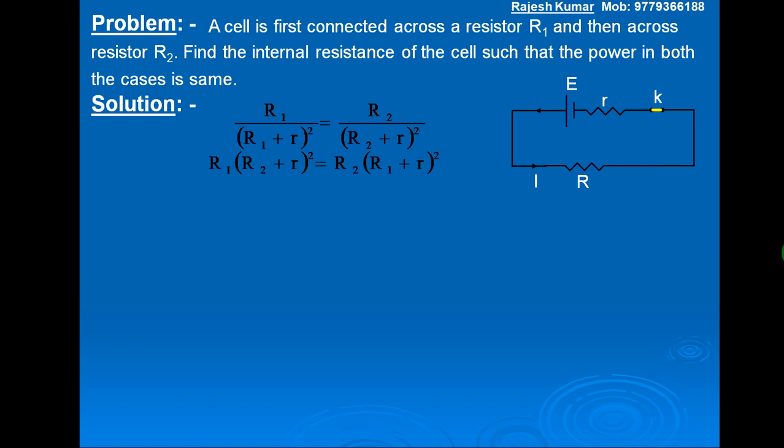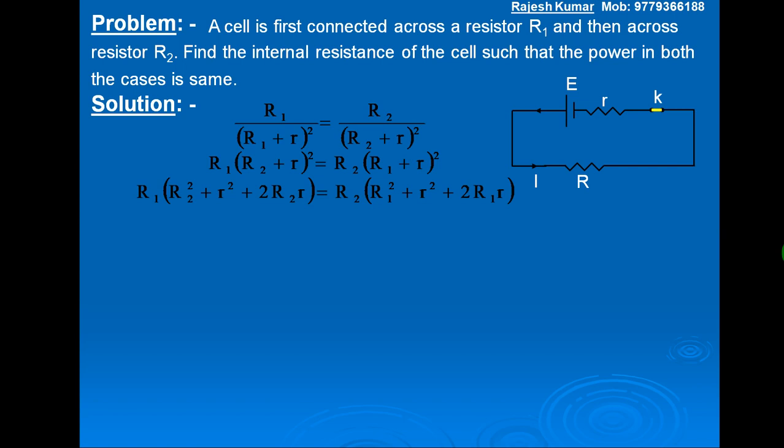Now open the square bracket, we get R1 into (R2 square plus r square plus 2 R2 r) is equal to R2 into (R1 square plus r square plus 2 R1 r).